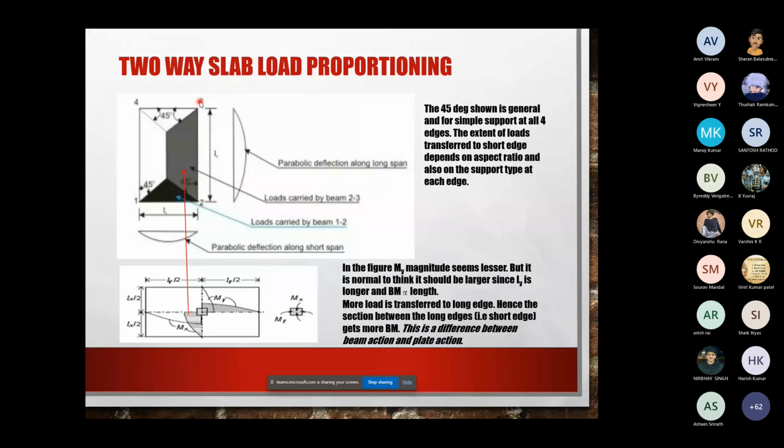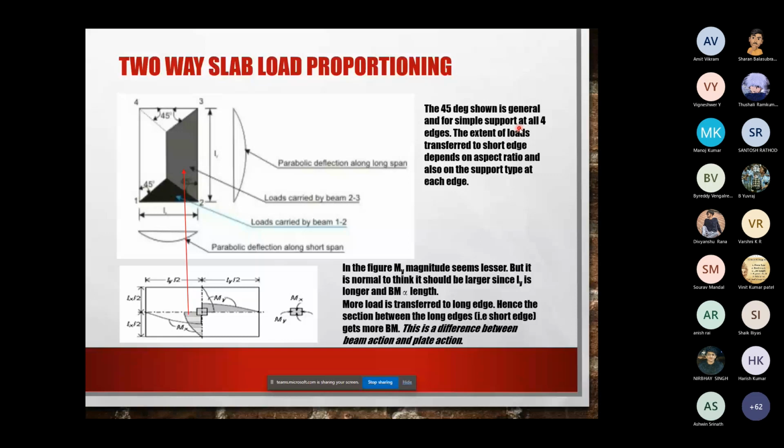So this is just something that you should know when you do a design problem, how to find the load which comes. So the 45 degree shown is general. It is not exactly accurate. It is much more appropriate when you have simple supports on all four edges.